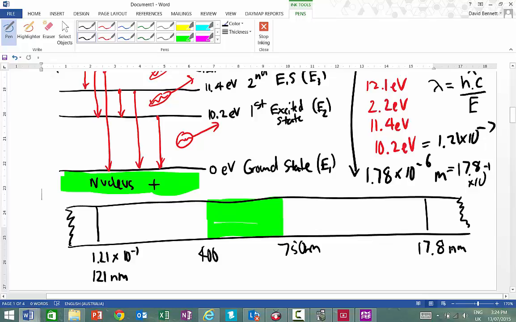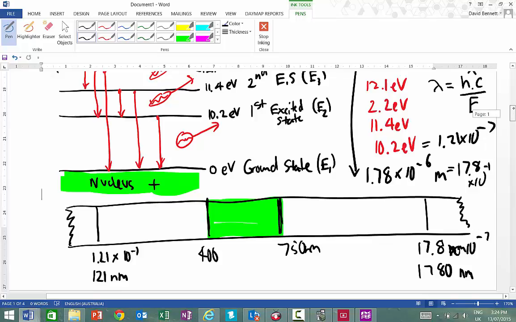So that's 17.8 times 10 to the minus 7, which is going to be 1,780 nanometers. Sorry. Right. So we're going to see light in that region there, but in fact these two things aren't going to actually appear in that region there.